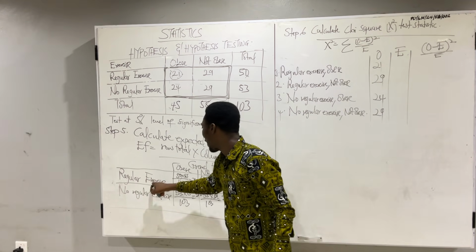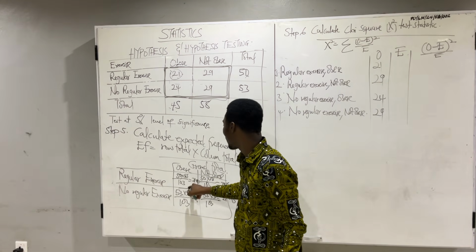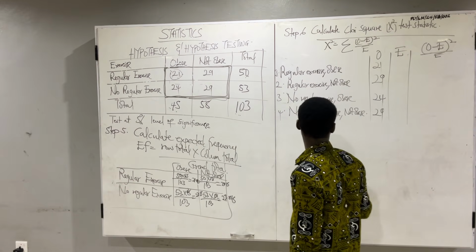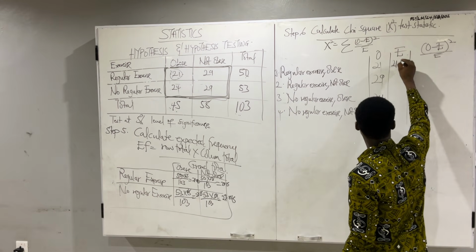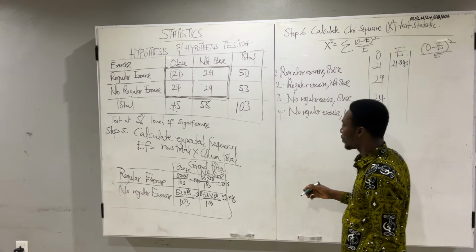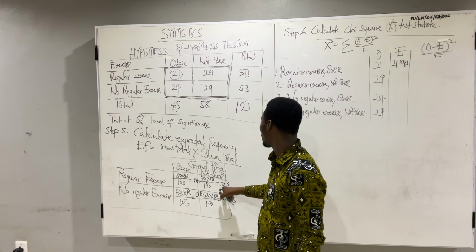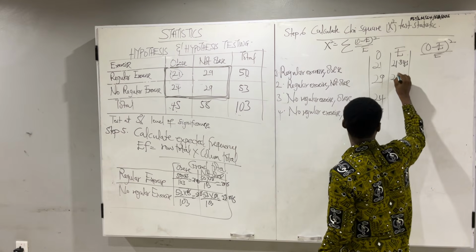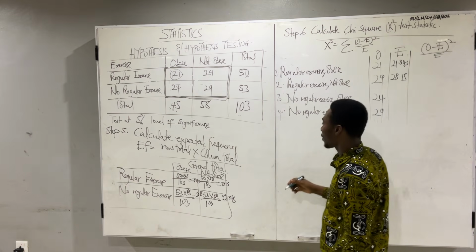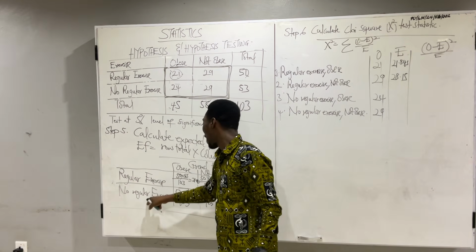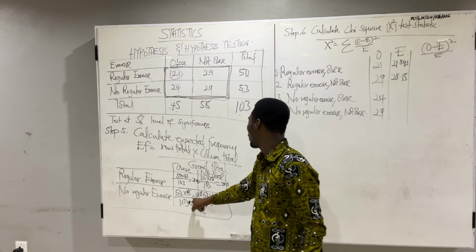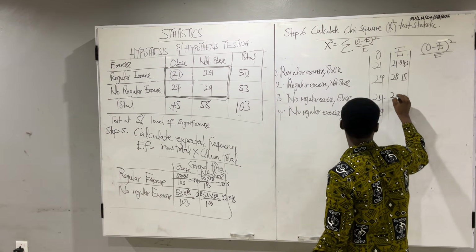Regular exercise who are obese, we had 21.845. Regular exercise who are not obese, 28.15. No regular exercise who are obese, we had 23.15.